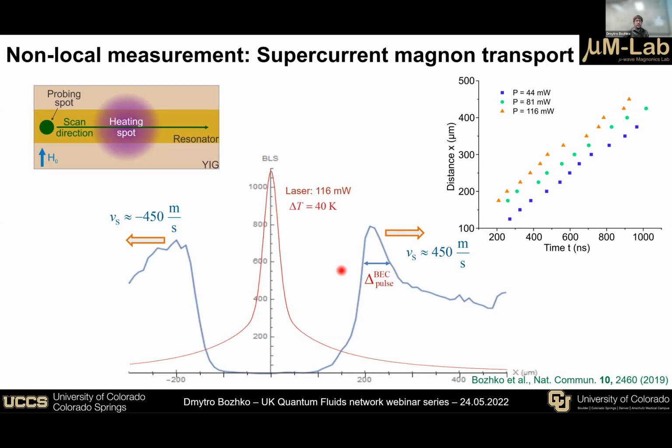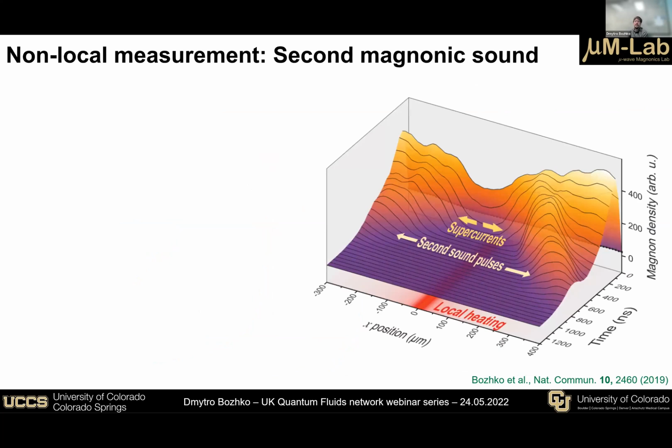This excitation, we can plot at different heating powers, basically for different widths of the pulse, and that gives us the dependence of the group velocity on the time. At first glance, it's linear, but wait a moment, it's not really a linear dependence.